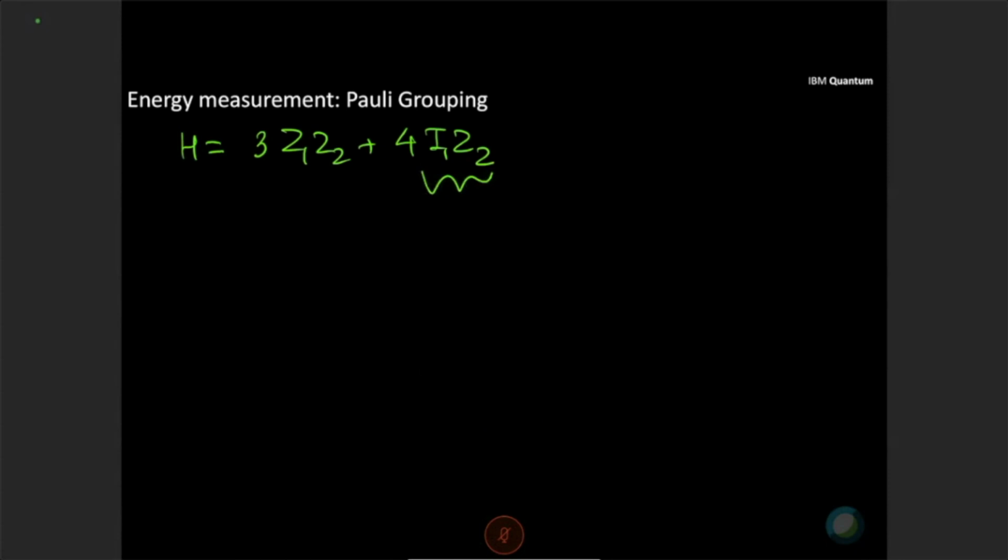Or can I measure these expectations with the same circuit? Okay, so basically, if you have qubit by qubit commutation, so the Z1 commutes with I1, Z2 commutes, then you can basically group them together. So in this instance, you don't need two separate circuits, right?